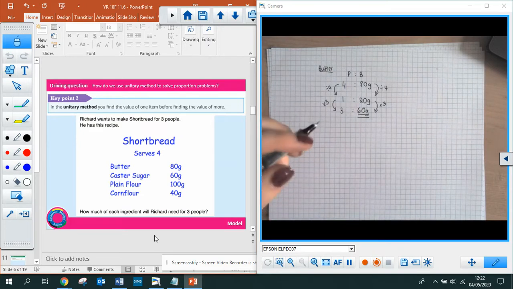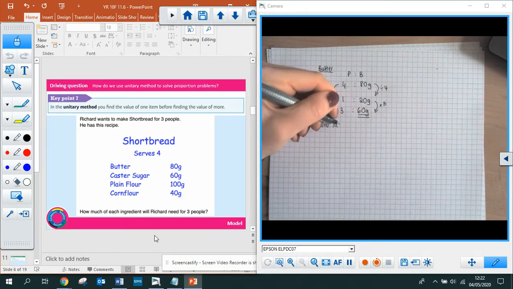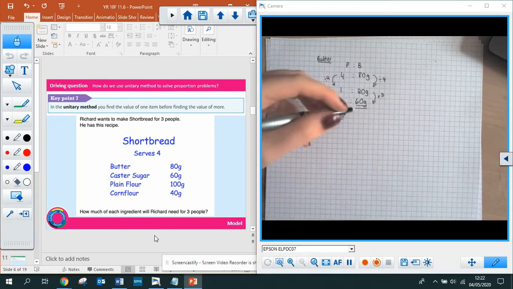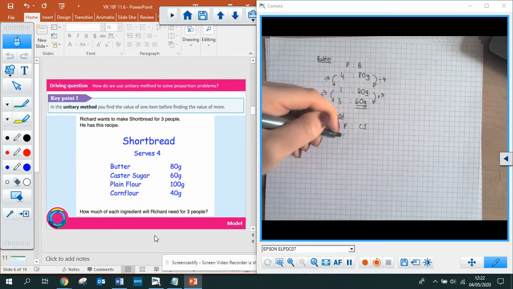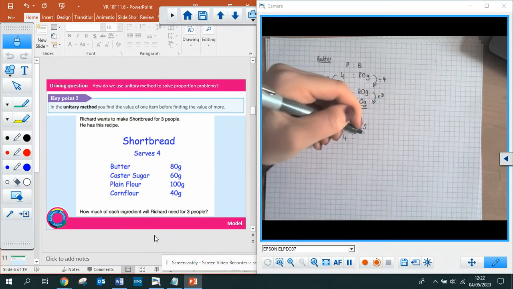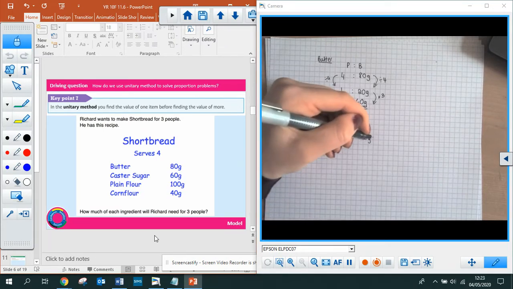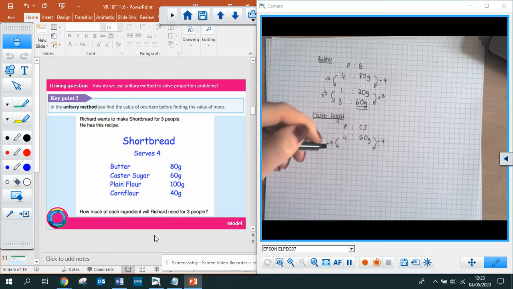Let's look at our caster sugar. We've got people to caster sugar: 4 people to 60 grams. I want to work out first how much is needed for 1 person, and I'm going to do that by dividing both sides by 4, because that gets my people to 1.